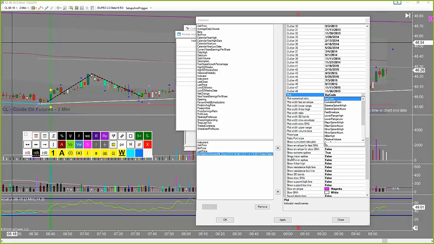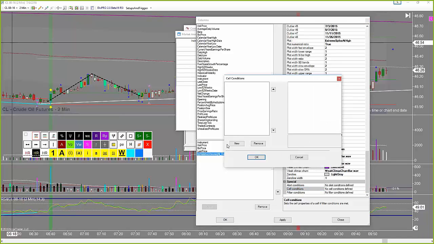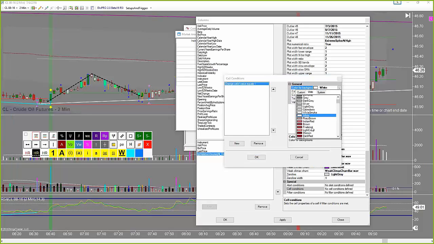See, there's one for each, so you'll have to do this twice. So extreme spike at the high, and that means that I need a cell condition for +1. This is extreme spike at high, and that's going to be red. So equals 1, extreme spike at high.